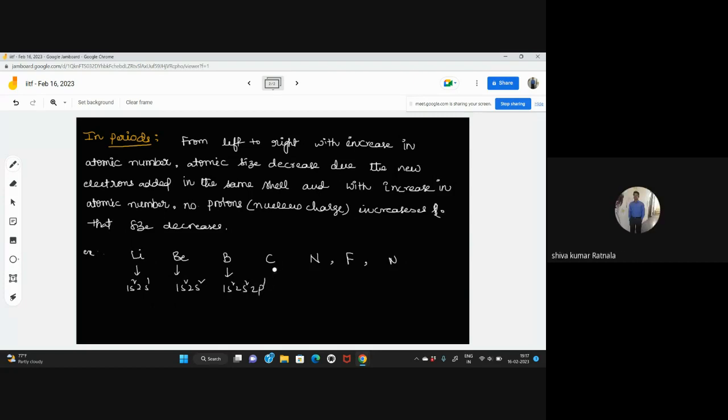Now see, the new electron is added into the same shell, right? Carbon 2p2, nitrogen 2p3, and in between oxygen also will be there. Then 2p5, and 2p6. Let me write it clearly.